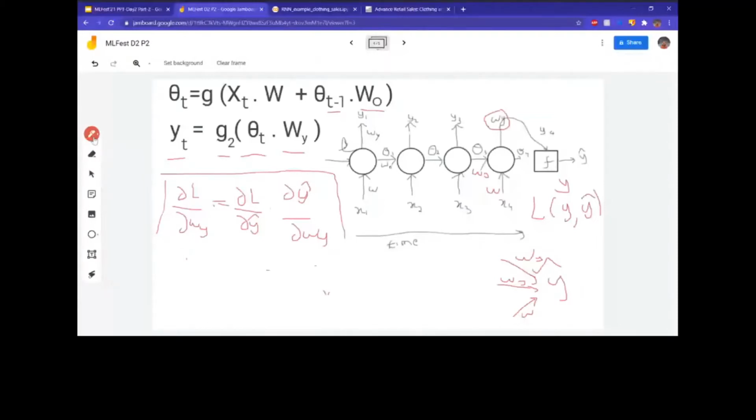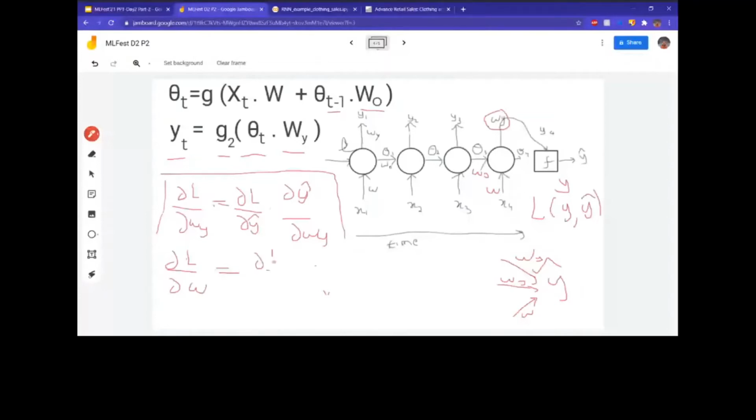So let's look at the dou L by dou W. You can see that W is related to y4, and then y4 is related to y hat. Sorry, W is related to y4, not theta 4.